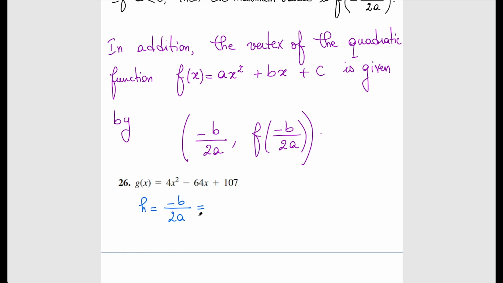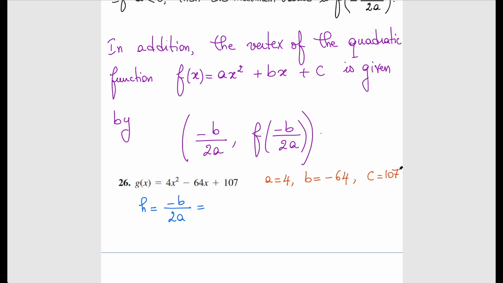Okay, let's highlight what a, what b, what c are. I only need a and b. So a is 4, b is negative 64, right? Because in the abstract one I had a plus. So if you want to turn this into a plus, you have to absorb the minus to the 64. So it becomes negative 64. And the c is 107, right?